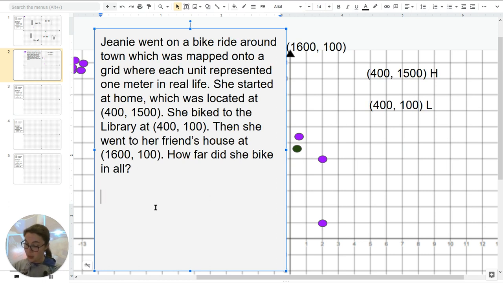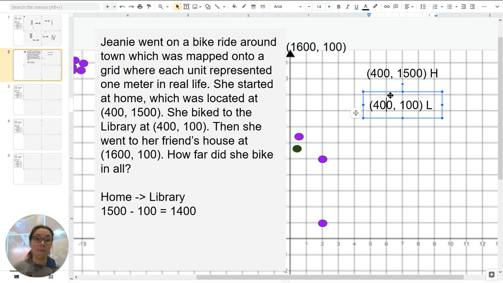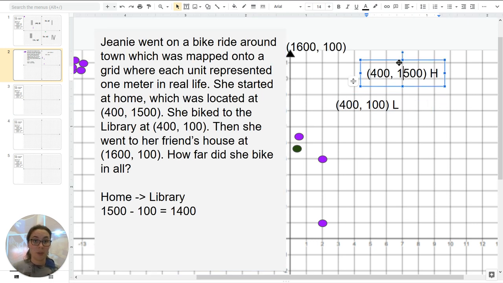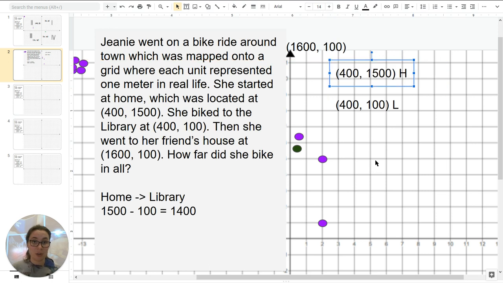So, from home to the library, we go from 1500 to 100. So let's find out how far apart these are. 1500 minus 100 equals 1400. Okay, so that's a good start. We know that these 2 points are 1400 apart. So she's traveled 1400 meters so far.